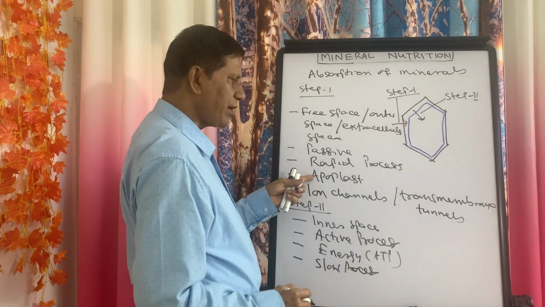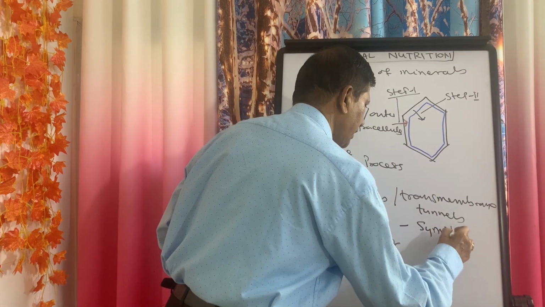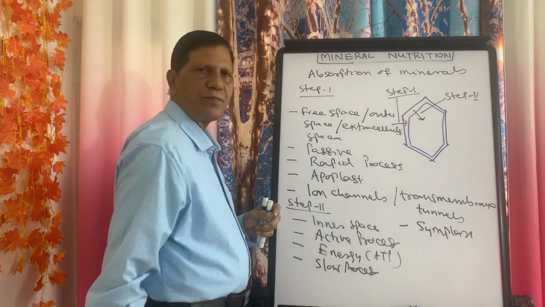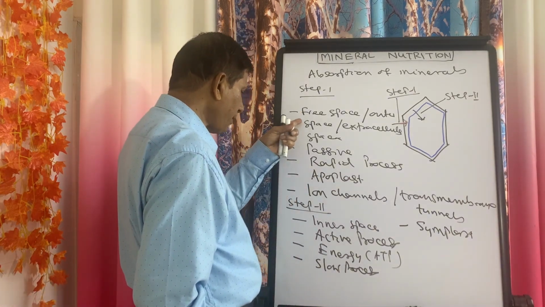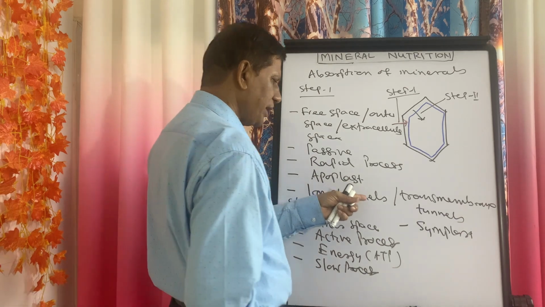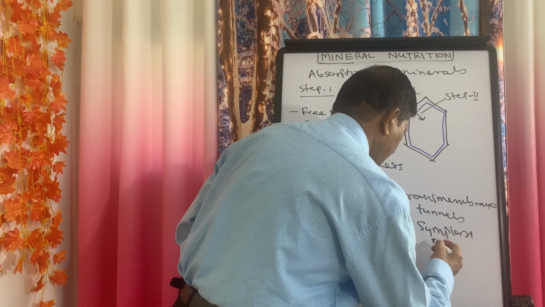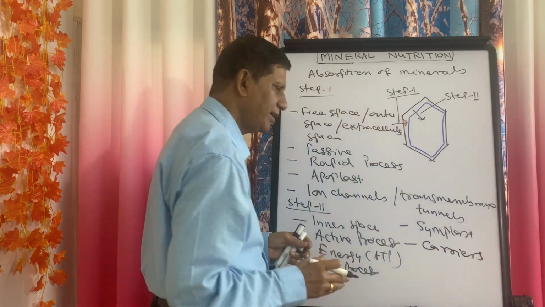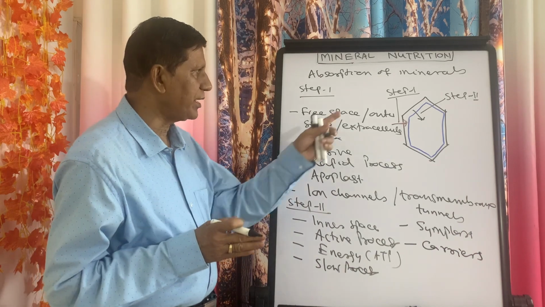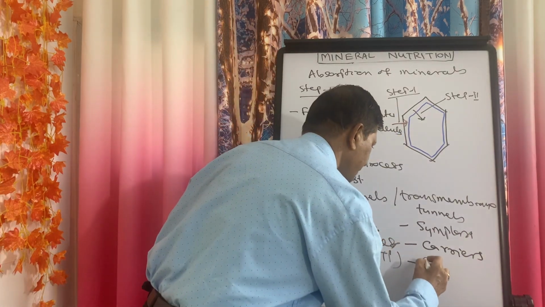Step 1 takes place by means of apoplast, but this takes place by means of symplast, because it enters into the cytoplasm. In step 1, it moves through ion channels, but here it moves through different types of carriers, and the movement of these ions from the outer space into the cell is known as flux.